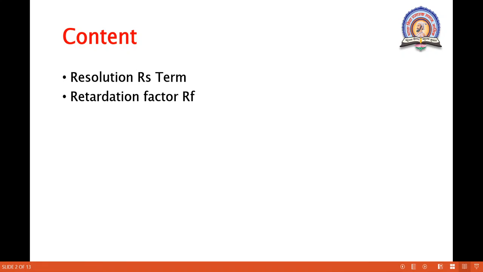Second, the retardation factor, denoted by the term RF. And the qualitative and quantitative application of these chromatographic methods. This part we are going to discuss in today's lecture.